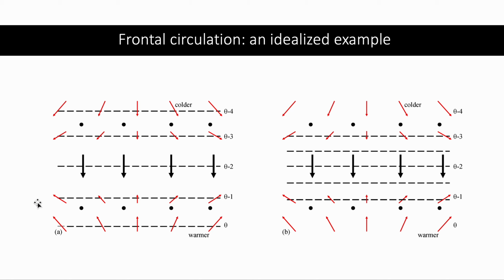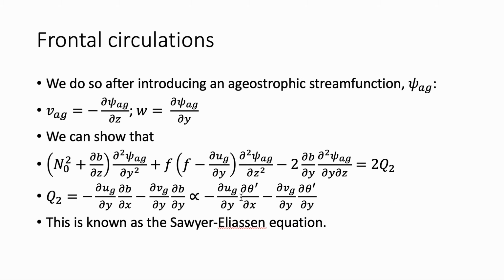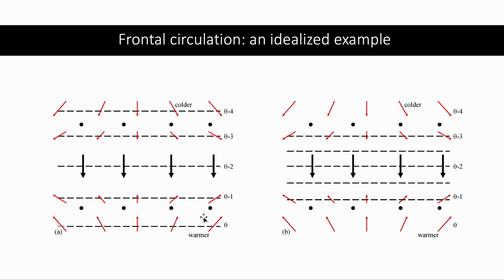Notice that by definition of Q, the only term contributing is the dθ/dy, right? Because dV/dy, dθ/dx is 0, and dV/dy is some value and it's not 0. This means there's a forcing over here. These arrows represent the Q vector, which is the forcing term. And it can also be shown that the Q vector is 0 over here, where there are these black dots, okay?